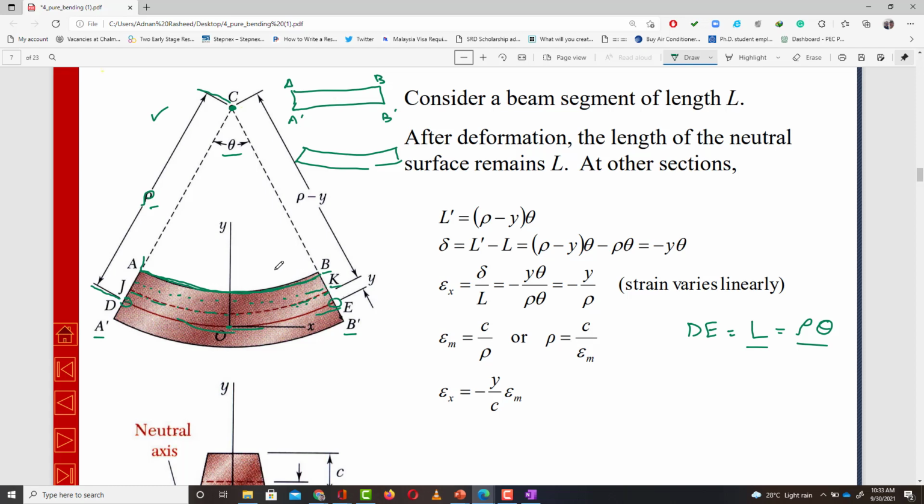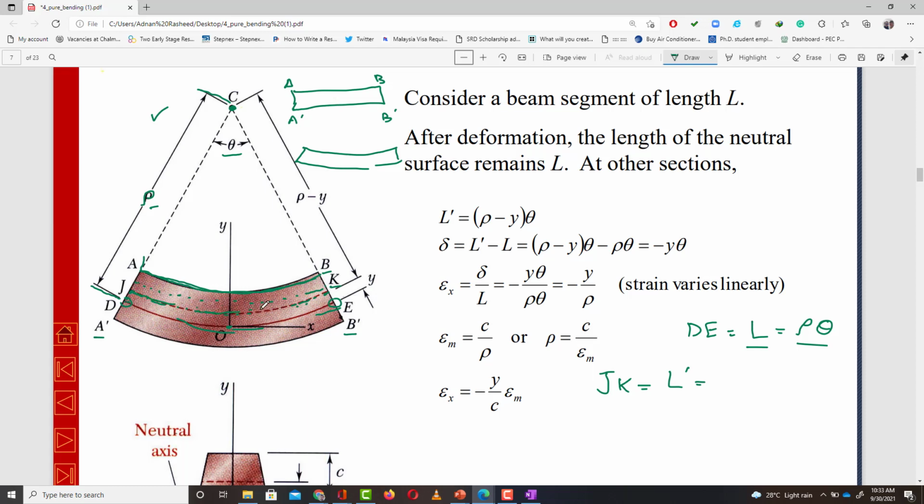The new length, this length JK, will be L dash because it is changed from L to L dash. Now this L dash will be equal to what?